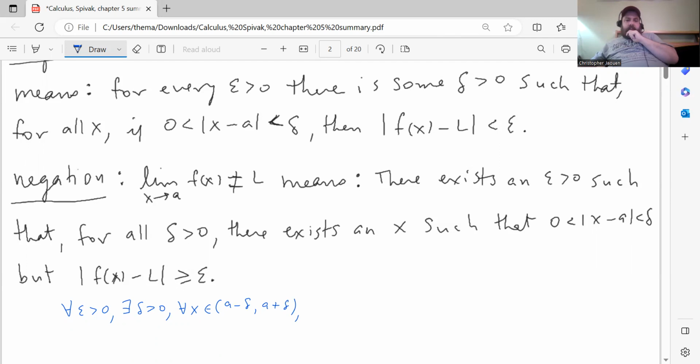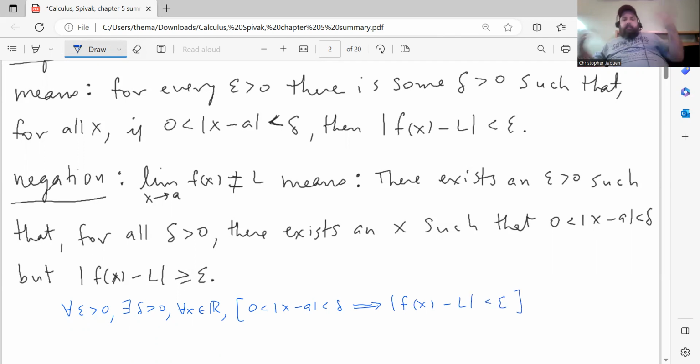I should probably write it as an implication. For all x in R, if 0 < |x - a| < delta, then |f(x) - L| < epsilon. So this is the written out, symbolic logical form.